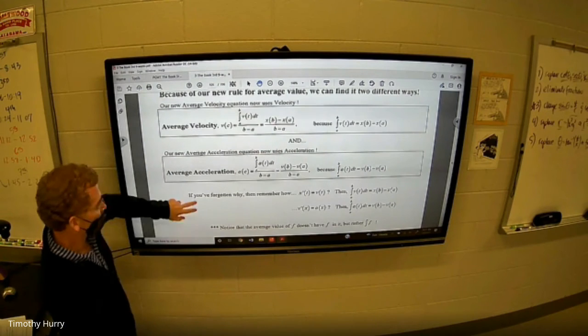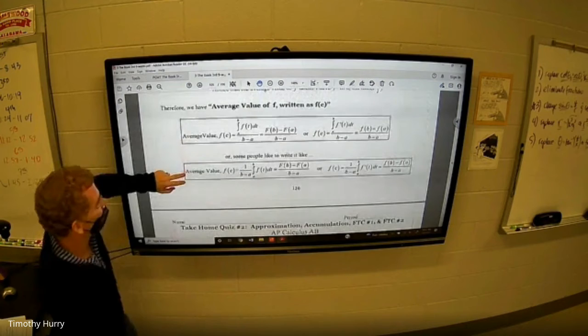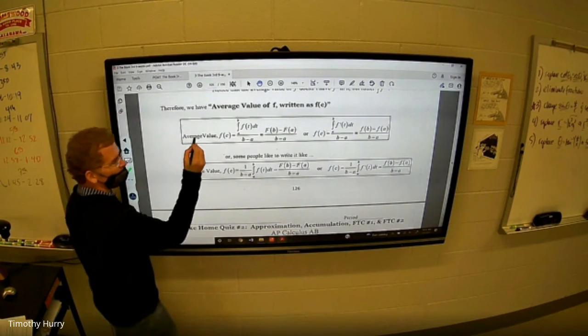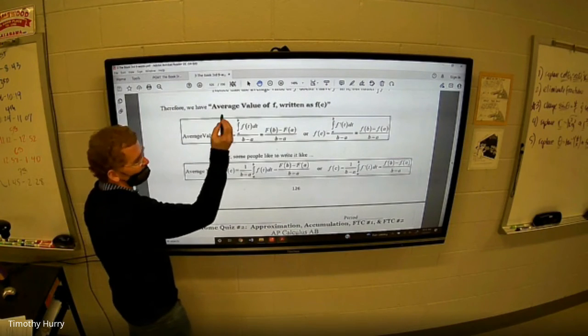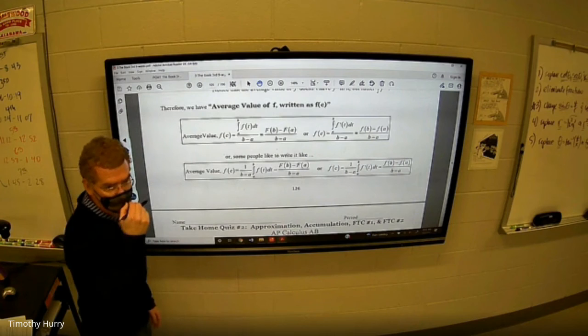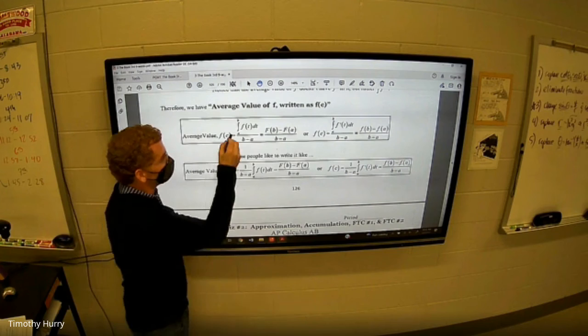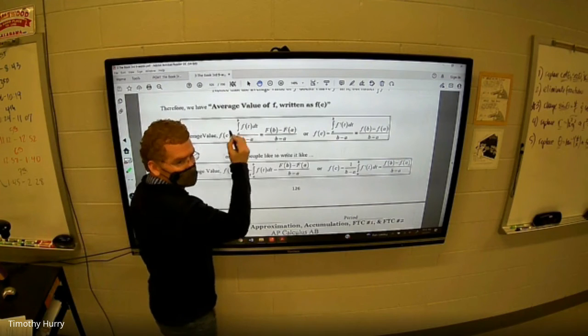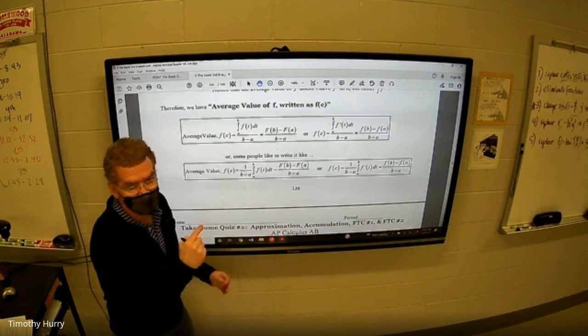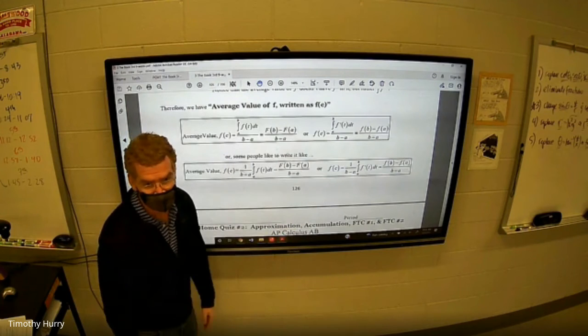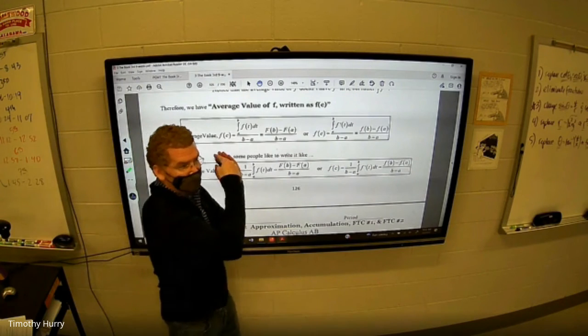Okay, so bottom line again, average value of any function is the integral of that function. If they don't give you that function, then you can't use the integral formula. But what if they gave you the big F version of it? That's a rate. They gave you the amount version.